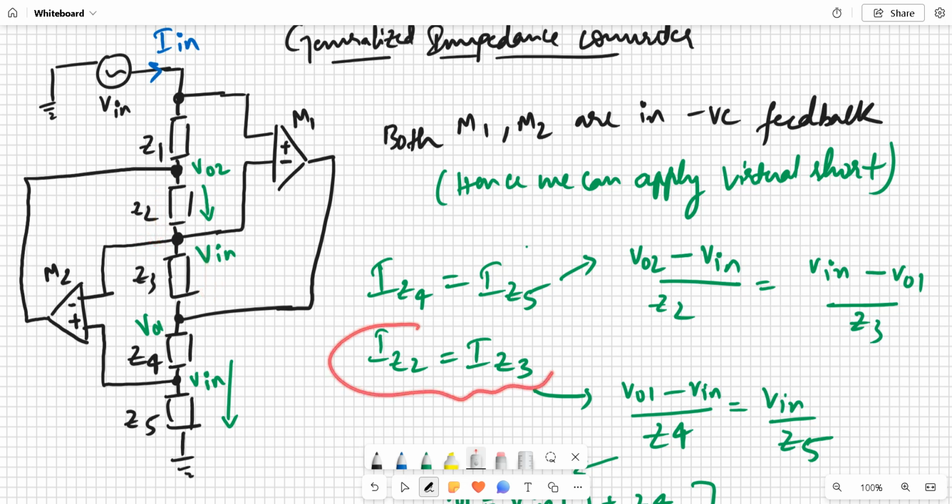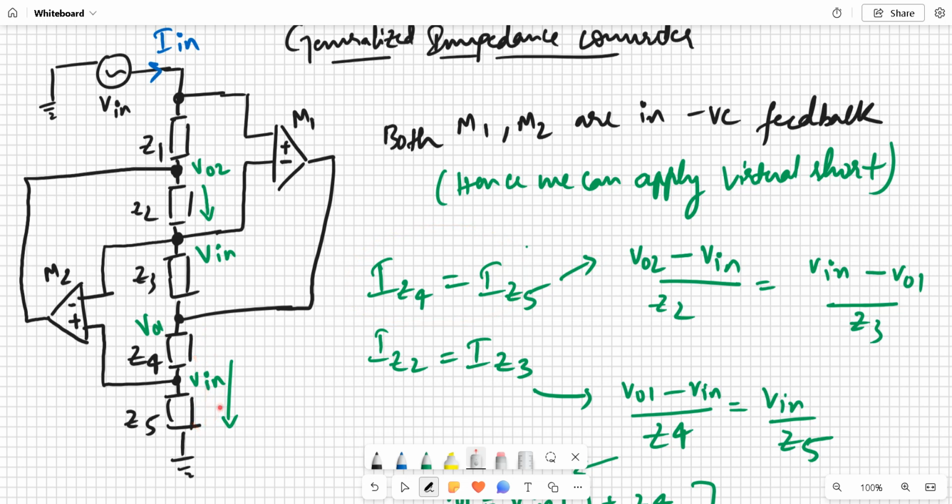So this is one such condition. Also, the current in Z4 and Z5 will be equal, because the op amp is not taking any current, so the current flowing in both impedances will be the same. Now we can write the KCL equation: current through Z4 will be equal to current through Z5.